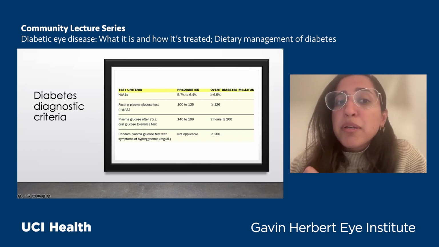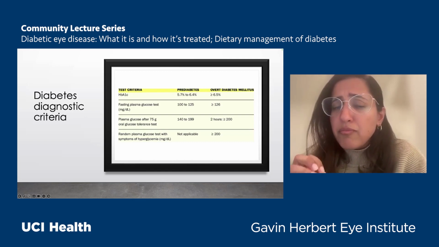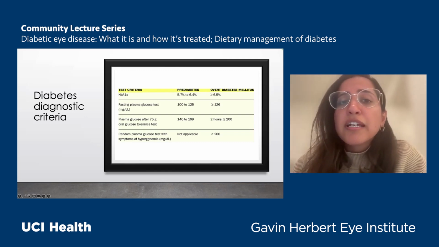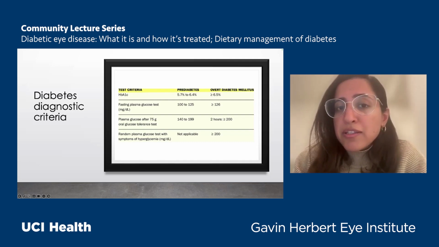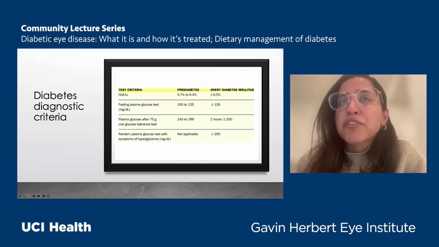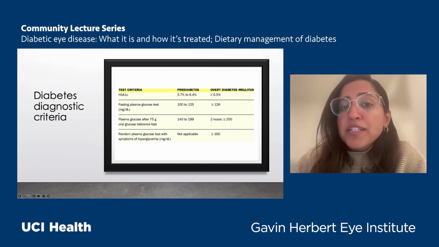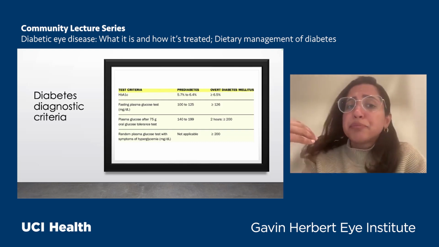Or if you have a random plasma glucose test, with symptoms of high blood sugar, which means symptoms are increased thirst, increased hunger, and let's say the glucose is greater than 200. When we say random, we mean irrespective of when you had food. So if that's greater than 200, that would meet the diagnostic criteria. So you need two out of these four criteria to be diagnosed with diabetes.